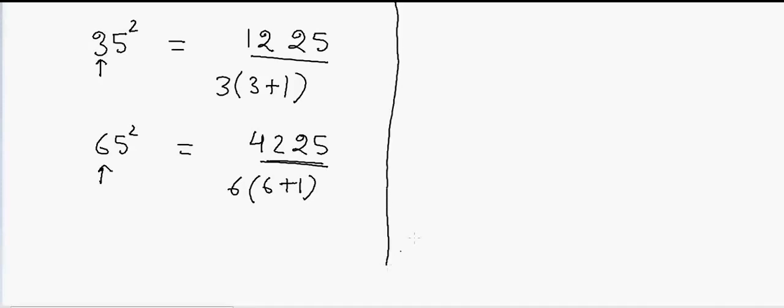So how this trick works, so let's look into that. So suppose we have any number which ends with 5, so that number can be written as 10 into x plus 5. So here suppose if x is equal to 3, then this number will be equal to 35, right?